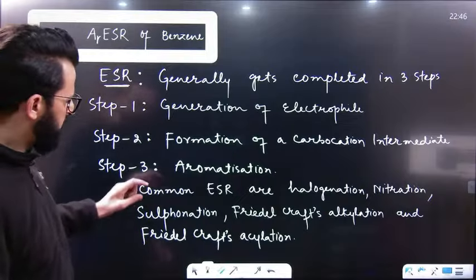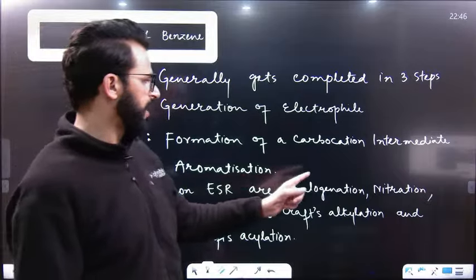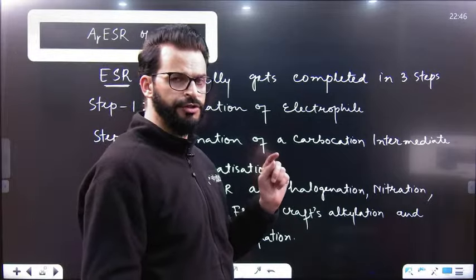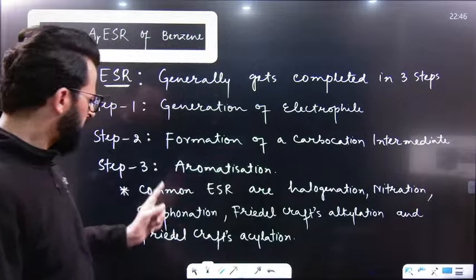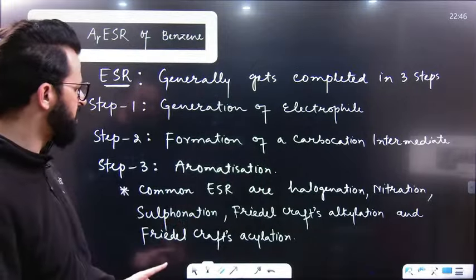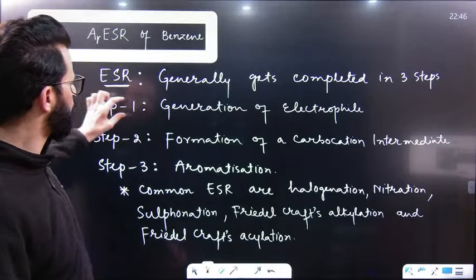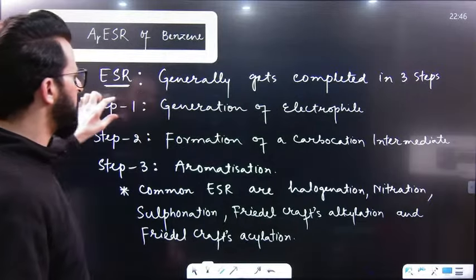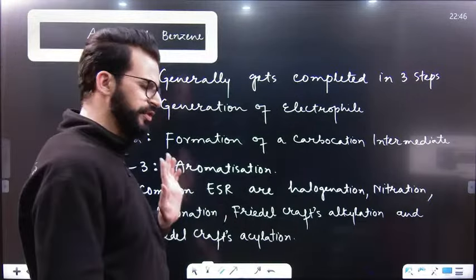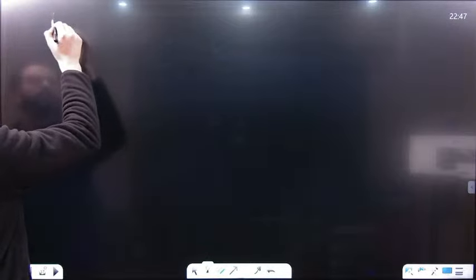Now, we will have a look over halogenation, nitration, sulfonation, Friedel-Crafts alkylation and acylation, but we have to first of all see what will be the electrophile of each reaction. Let me write down a general mechanism of the reaction.